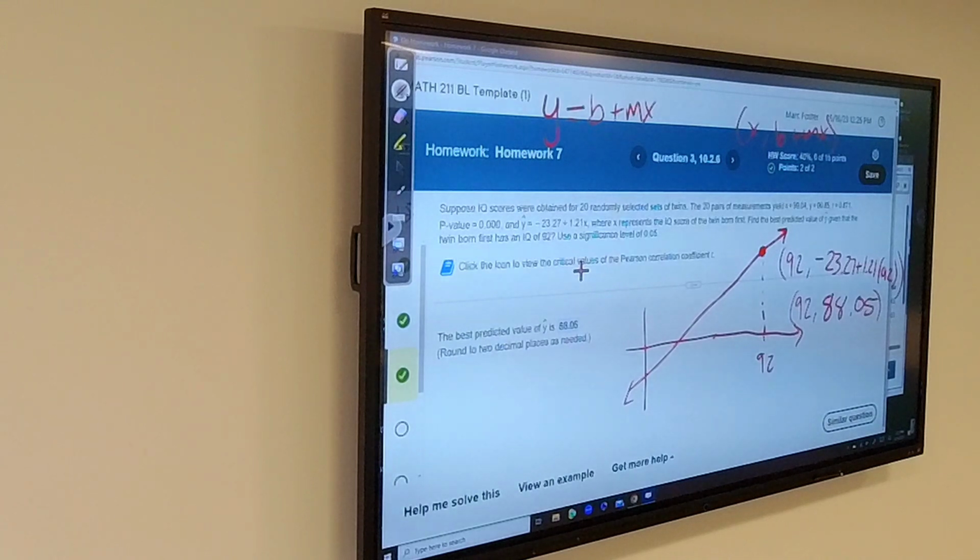That's why it's so big. Well, what do you have written here? No, this part. Look at that equation. It says 15.08 plus 0.87x, right? 15.08 plus 0.87x. This stuff up here was not asked for.